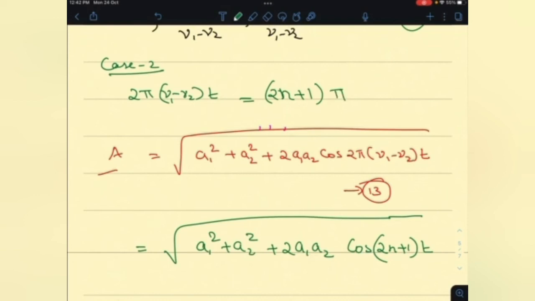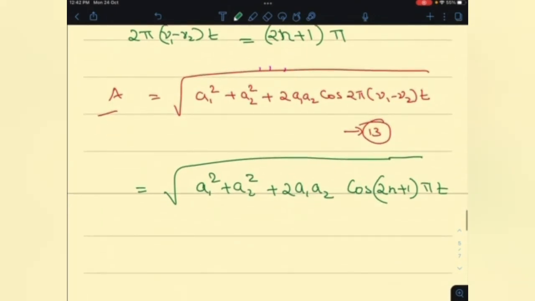So this will become the root of A1² + A2² − 2A1A2, or the root of (A1 − A2)², or it is equal to A1 − A2. So it is the case for minimum amplitude.